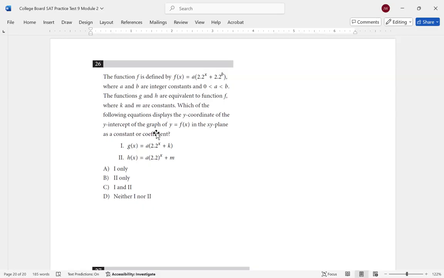The functions g and h are equivalent to function f, where k and m are constants. Which of the following equations displays the y-coordinate of the y-intercept of the graph of y equals f of x in the xy-plane as a constant or coefficient?